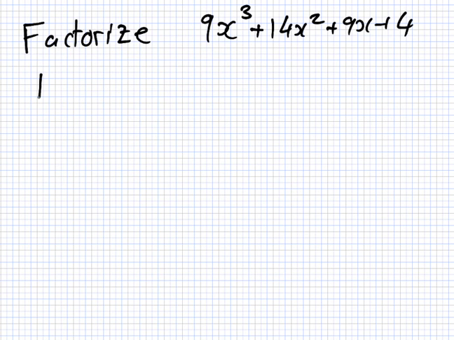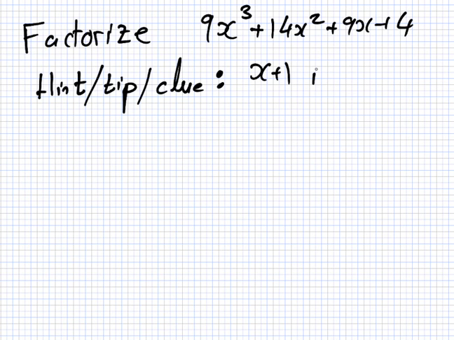In fact, the only way you can really do it is if I help you and give you one of the answers already. So the hint, if you don't know what hint is, it means tip or clue, is that x plus 1 is a factor.